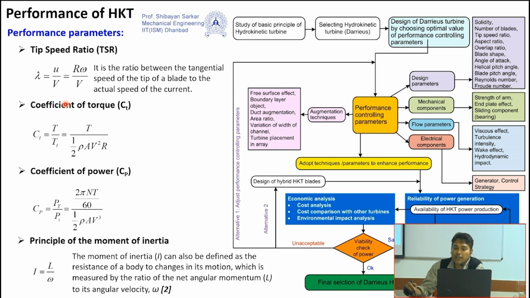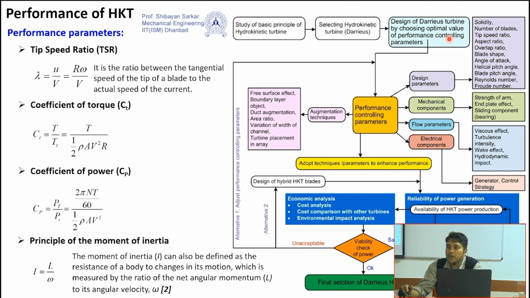If you see the design parameters, lots of design parameters are present in the case of the Darrieus hydrokinetic turbine. The solidity, number of blades, tip speed ratio, we have already discussed. Aspect ratio means the ratio of the diameter and height.